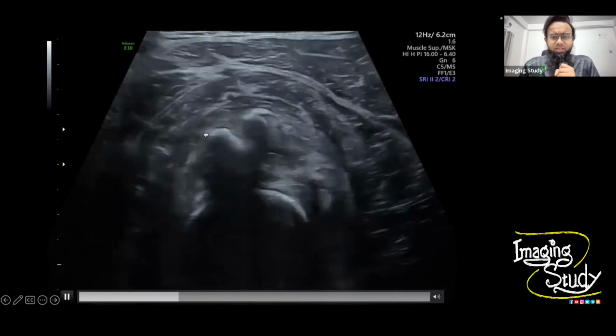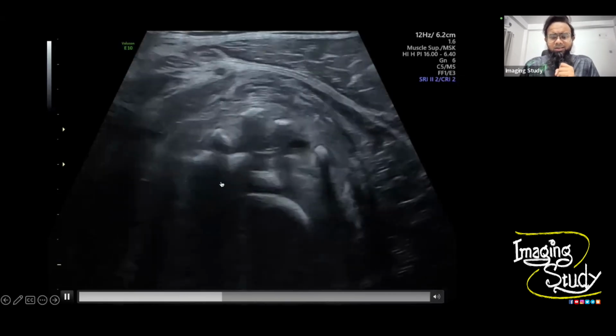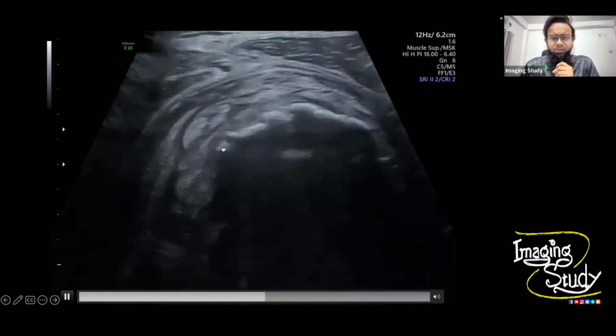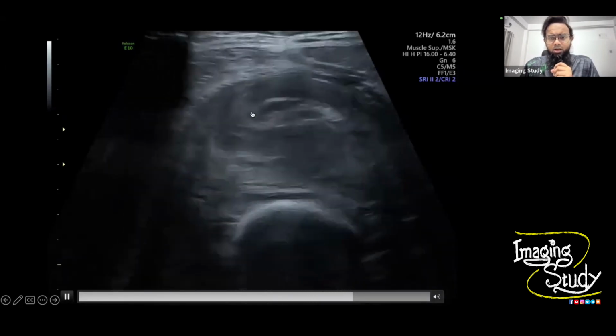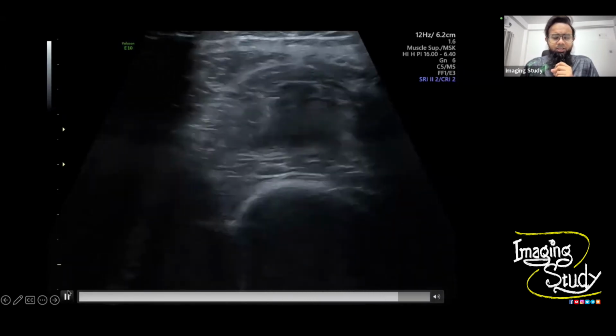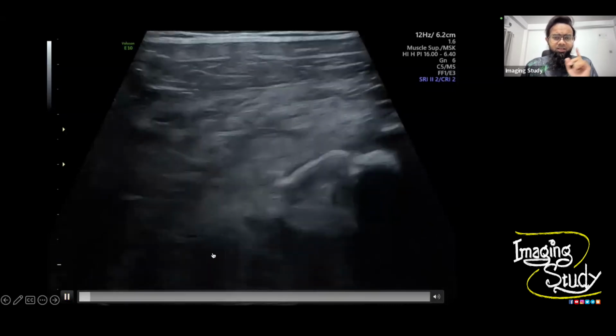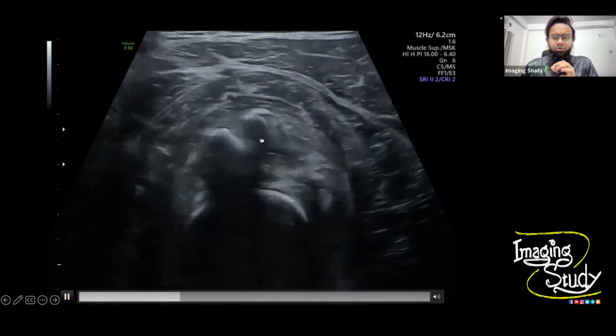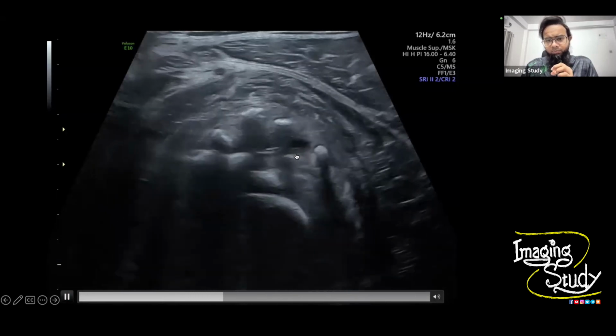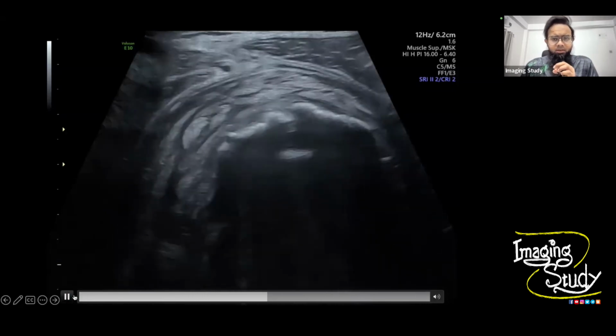So here is the vastus intermedius area, which is showing intramuscular collection, and you can see the surrounding edematous area. There is a huge collection, but the problem is that we have seen the calcified area, but here on transverse section, you can see there is not only calcification, but also some anechoic parts.